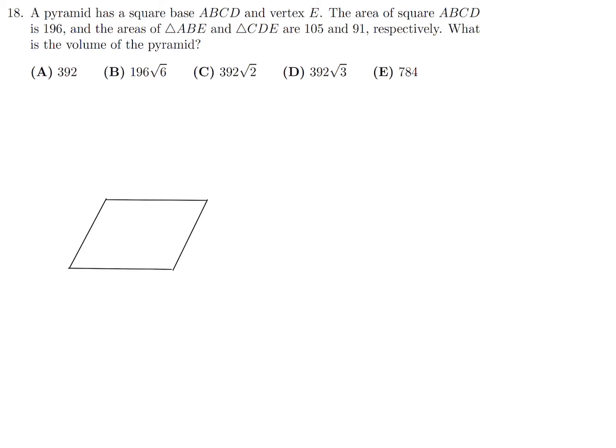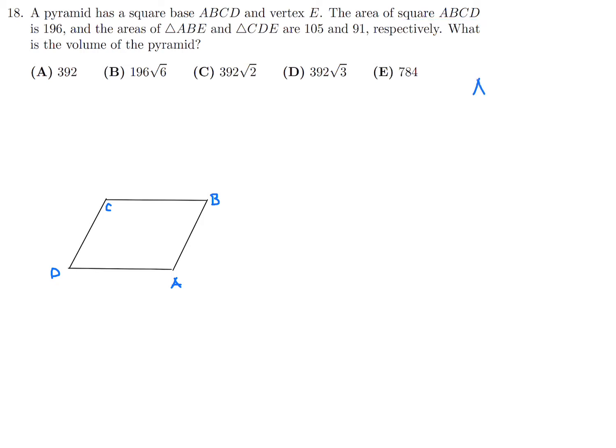So first, I'm going to draw the base, just the base, and that base is ABCD. And the good news is that they tell us that it has an area of 196. So it's a square, and I've drawn it slightly curved or slanted because I have to draw a pyramid eventually. But they tell me that ABCD is a square.